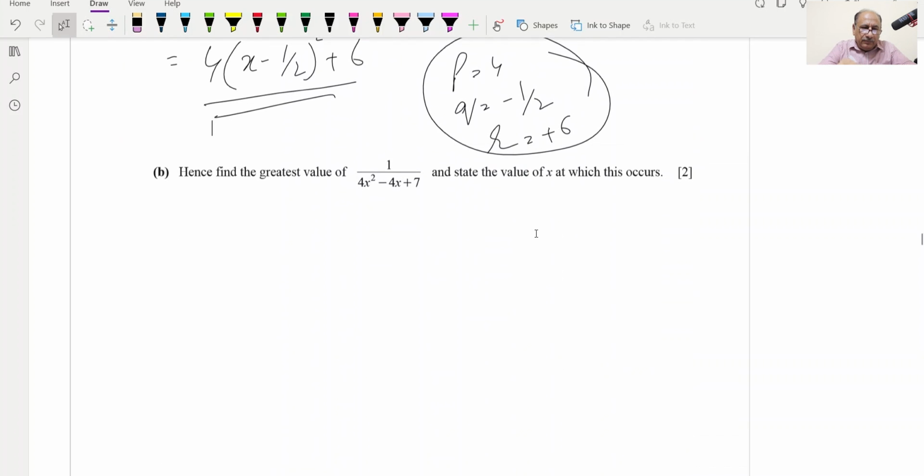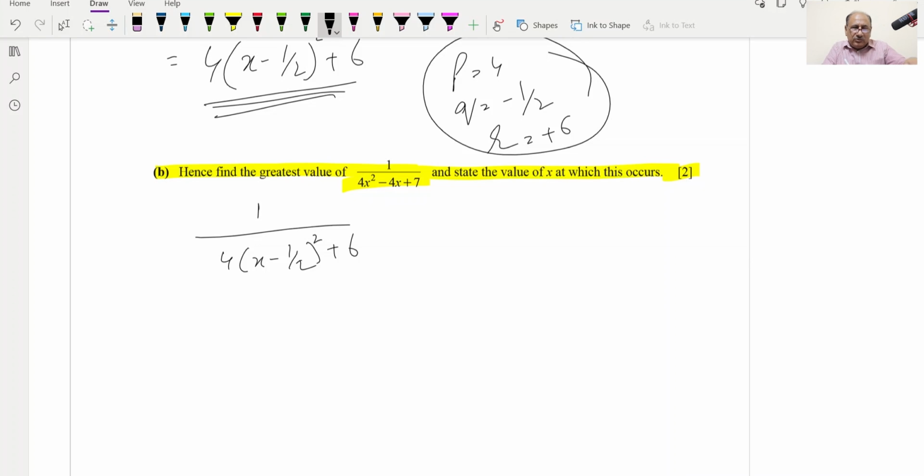Then B part, hence find the greatest value of this one and state the value of x at which this occurs. So the greatest value will be, if we write this in that completing square form which we have just done, it will be 1/4 into x minus 1/2, I'm copying from here, and this will be squared and +6.